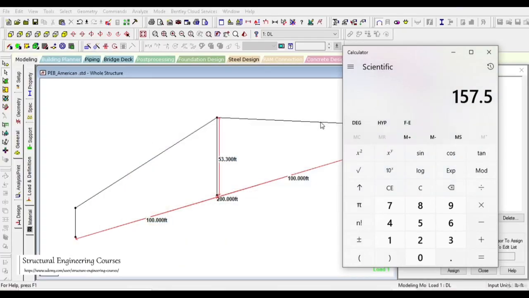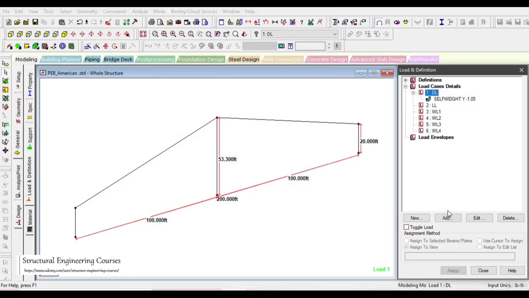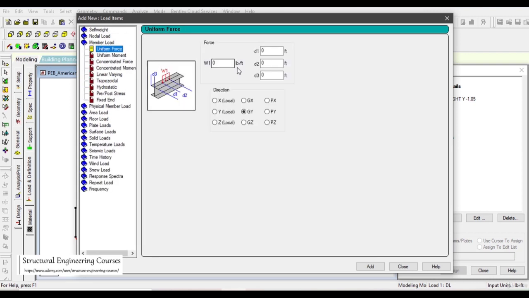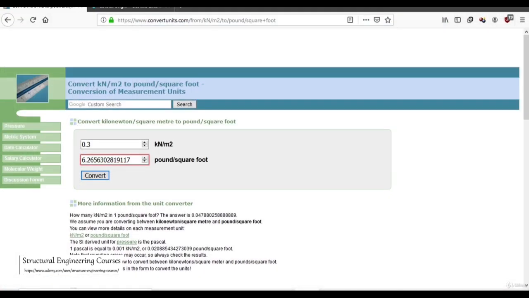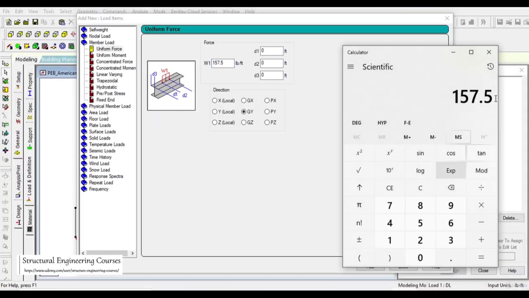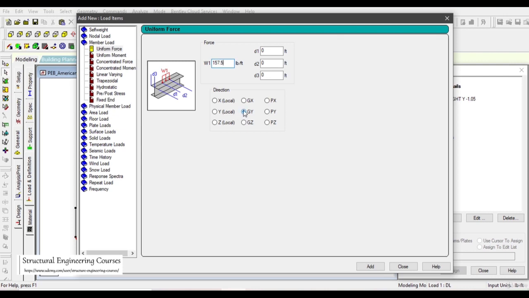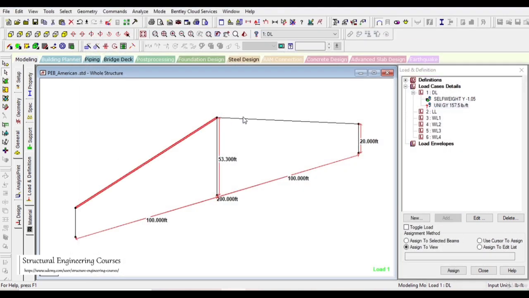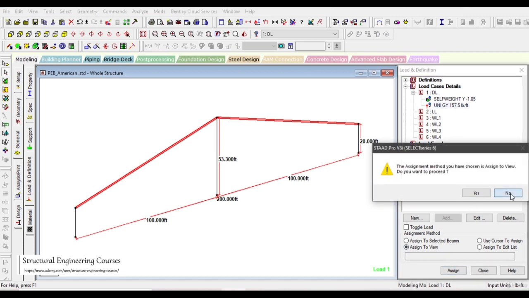So we can go to this option here, left click on add, go to member load, uniform force, and this is pound per feet. So we can enter here 157.5. Then left click on add, and we can assign this force to these two members here.